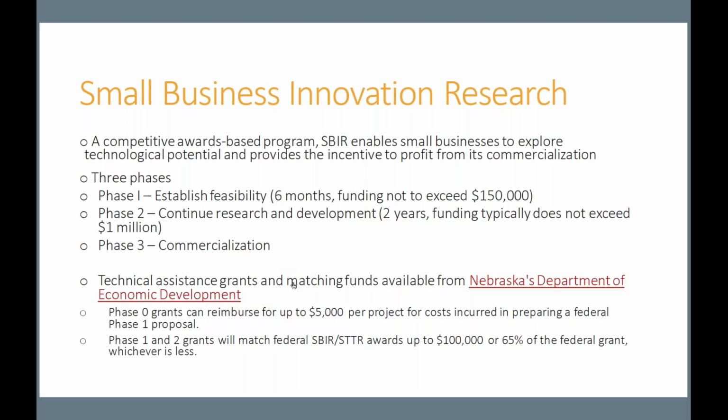And so there are matching funds available from the state. Either phase one or phase two grants will match the federal SBIR up to $100,000 or 65% of the federal grant. So if you were to receive $150,000 from the federal government for phase one, then whichever is less, either $100,000 or 65% of that grant amount, could be added to the funding.